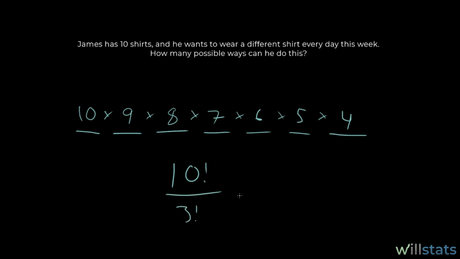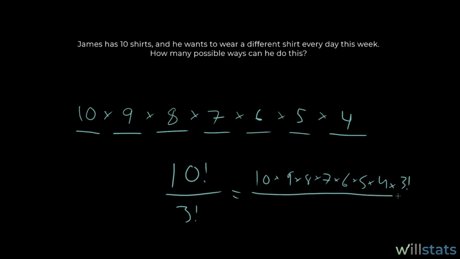Now I'll show this. 10 factorial is 10 times 9 times 8 times 7 times 6 times 5 times 4 times 3 times 2 times 1, and 3 times 2 times 1 is 3 factorial. So we can divide this by 3 factorial, and the 3 factorials cancel out. Then we're left with our answer, 10 times 9 times 8 times 7 times 6 times 5 times 4.